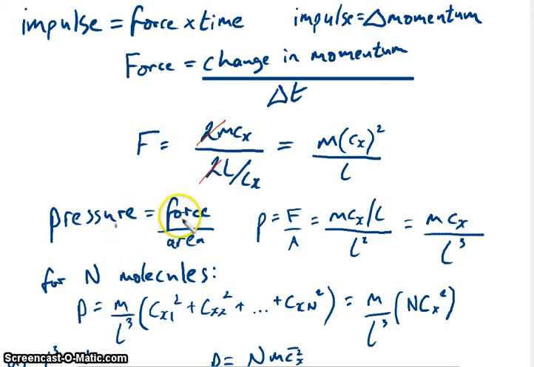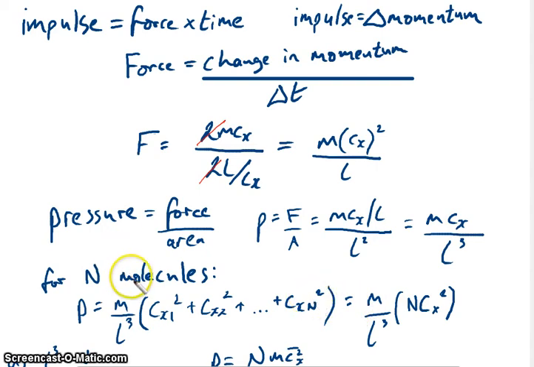A pressure is force over area, so we now have the force, and because the area is L squared, because it was a cube and all of the sides were L, we're left with this. Now we can combine the L's, they're all divides, so we end up with L to the power 3, m cx squared. Remember, c is the speed of the particle.